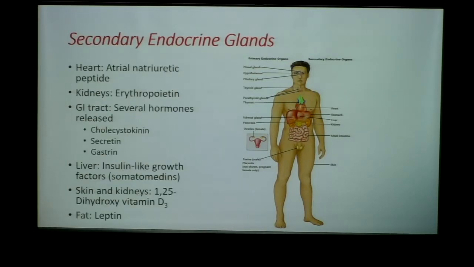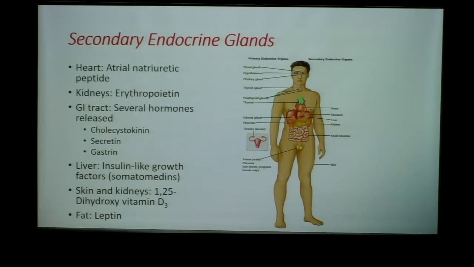Let's talk about the secondary endocrine glands. These include the heart. Now we know the heart's main function is to pump blood and is a part of the vascular and circulatory system, but it also secretes some hormones that are involved in the endocrine system as well. And so in this way, it's a secondary endocrine organ. The kidneys secrete erythropoietin, and this hormone is a precursor to creating new red blood cells.